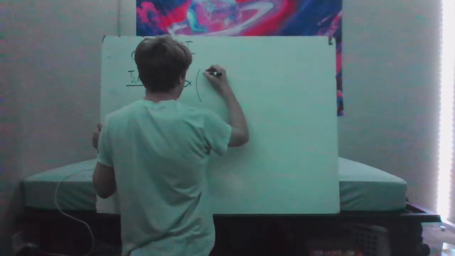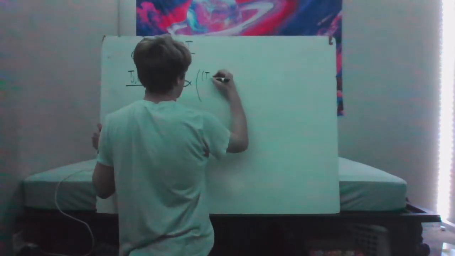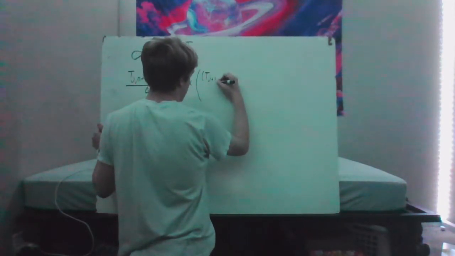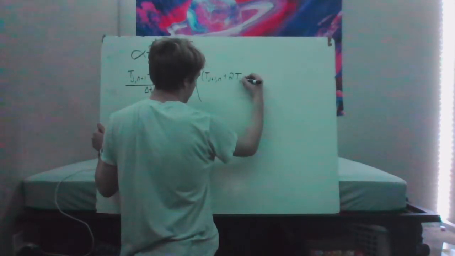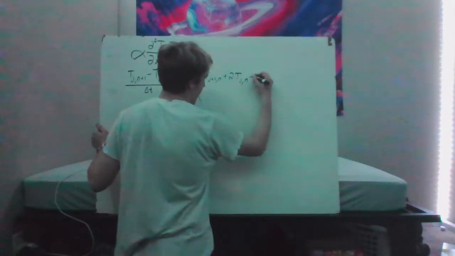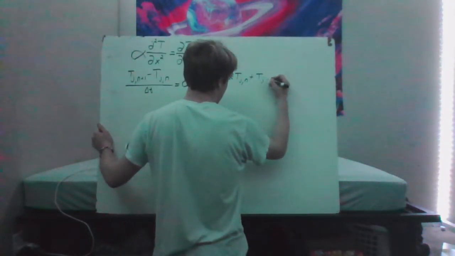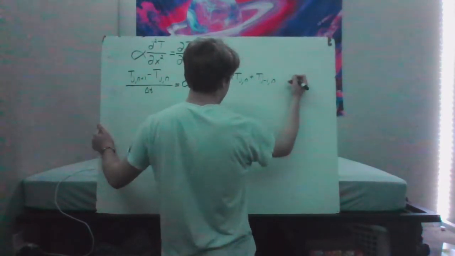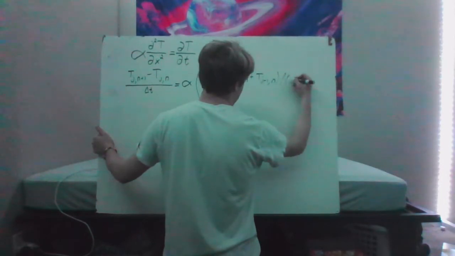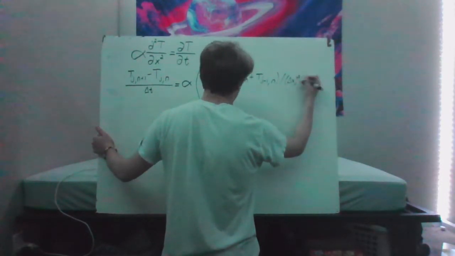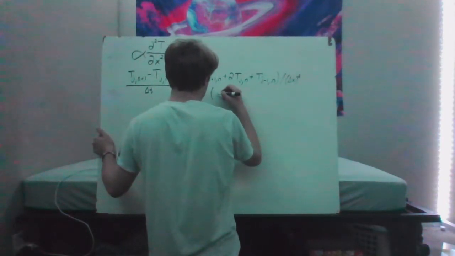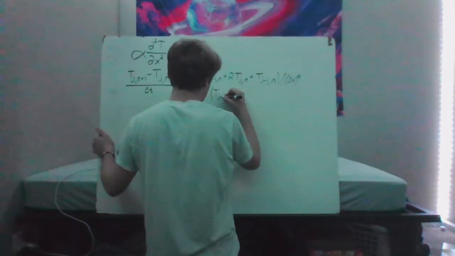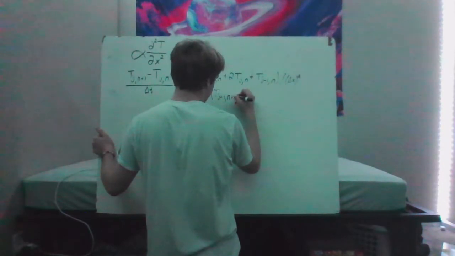So what that will end up being is T j plus 1 n, plus 2 T j comma n, plus T j minus 1 comma n, and then all that over delta x squared, and then plus those same things, but at the next time step, n plus 1.